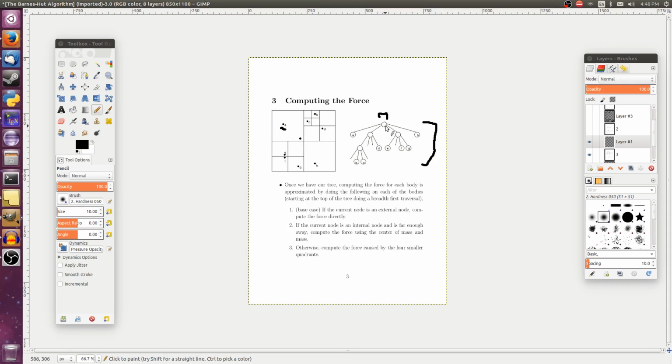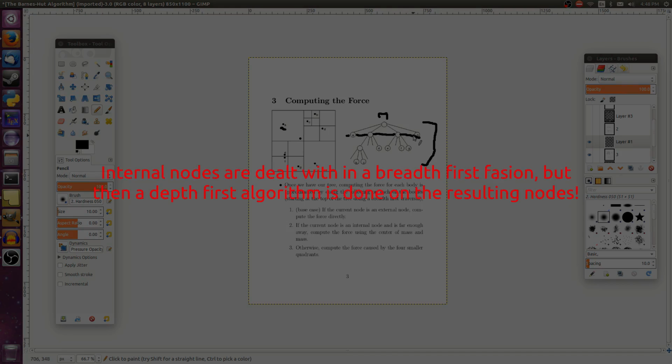So what we do is we visit all the children in a breadth first manner. So we'll visit A, the one below that, and this one.